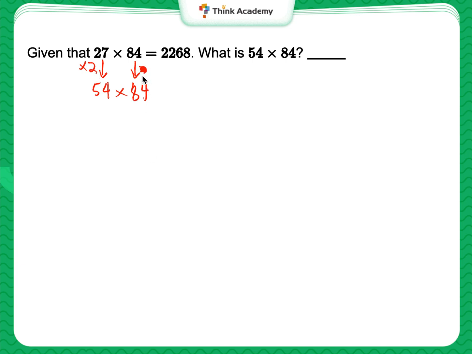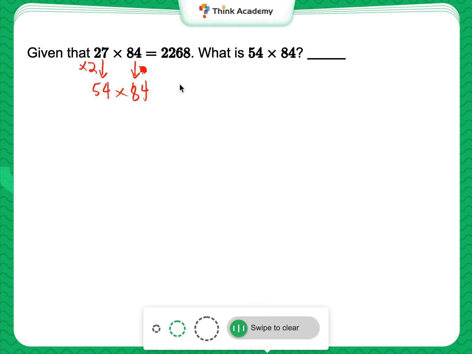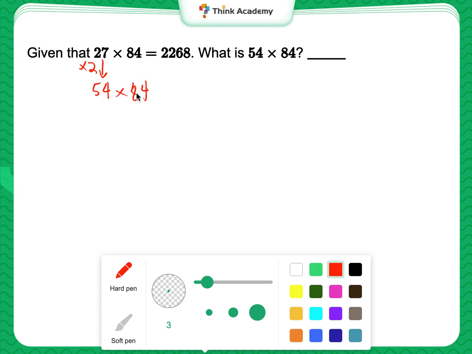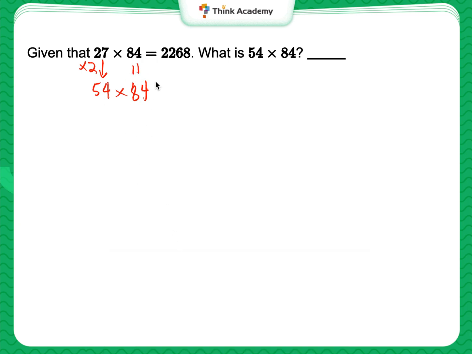So if one of the multipliers is multiplied by 2 and the other is unchanged, the product is definitely also going to be multiplied by 2. So after multiplying by 2, it would be 4,536. All right, so that's going to be the answer to this question, 4,536.